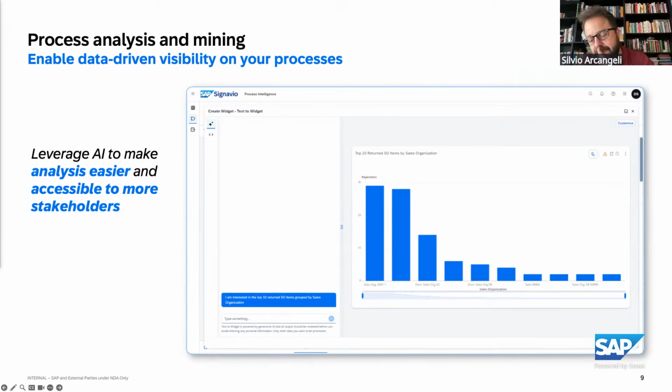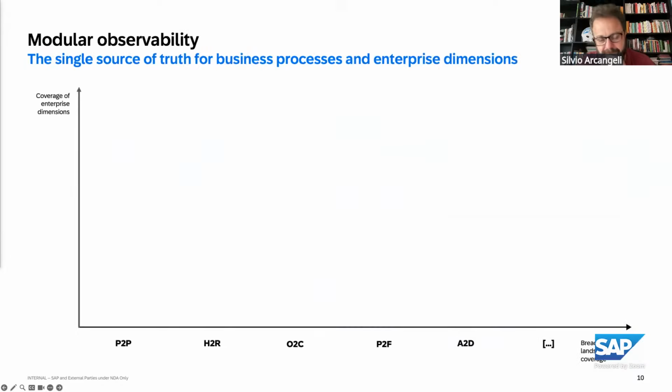Now, besides these core aspects of process analysis and mining, there's also a distinctive approach that SAP Signavio took, which I think differentiates us from most of the process analysis and mining market, because Signavio focuses on enabling organizations to deliver business transformation. So we are not there just for the visibility, just for the analytics.